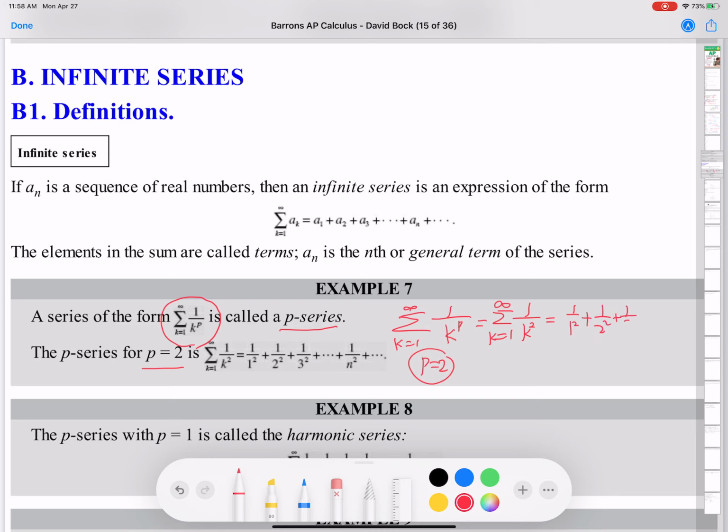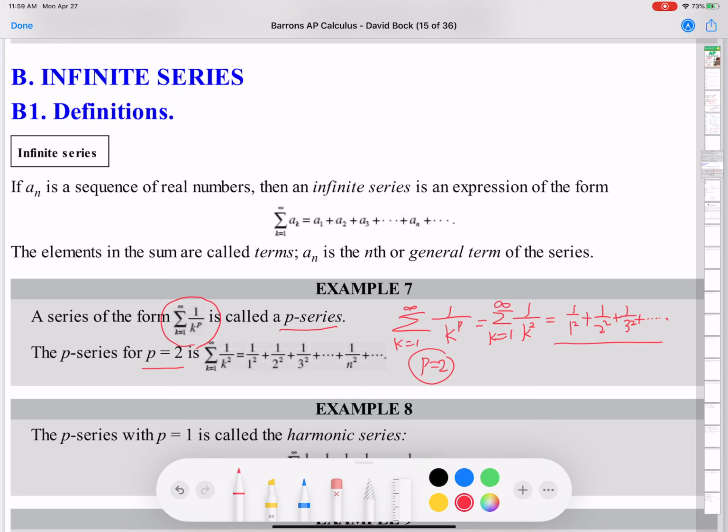And then k is 3, 1 over 3 squared, and we keep adding forever like this. Is this divergent or convergent? Convergent means approaching a number. Divergent means approaching infinity or negative infinity, or approaching multiple values, like 2 values or 3 values. All of these diverge, right? So this series converges.